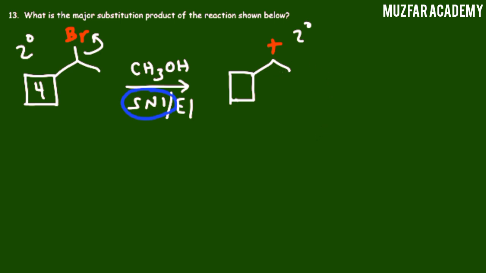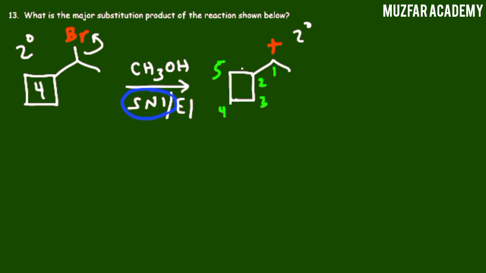So what's going to happen here, one of these bonds is going to break. But let's number the carbon atoms. Let's call this carbon 1, 2, 3, 4, 5. So we can break the bond between carbon 2 and 5 or carbons 2 and 3. It doesn't matter. But let's break the bond between carbons 2 and 5.